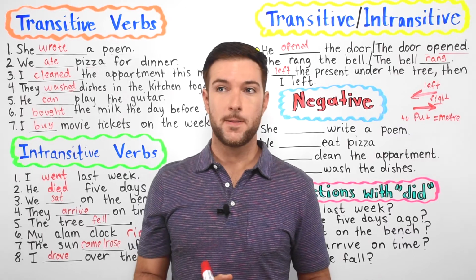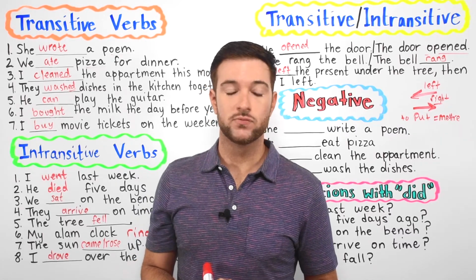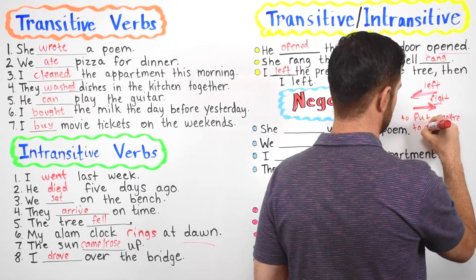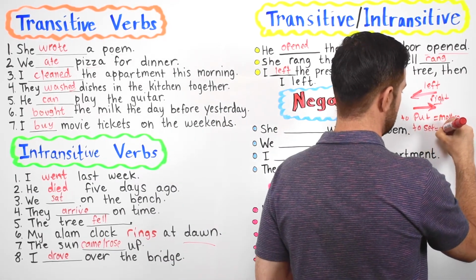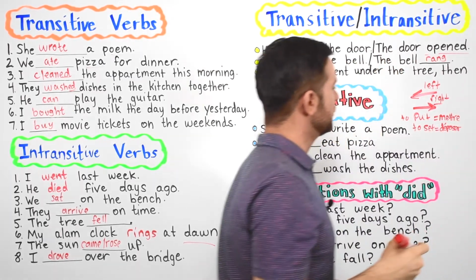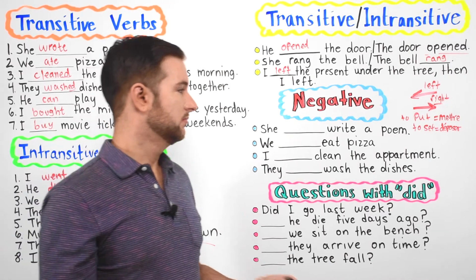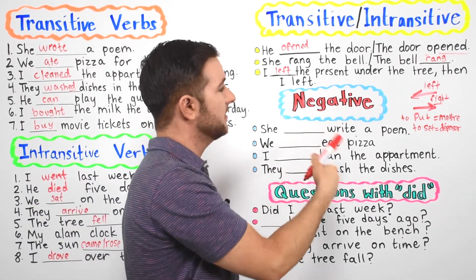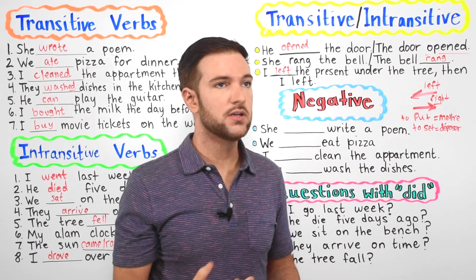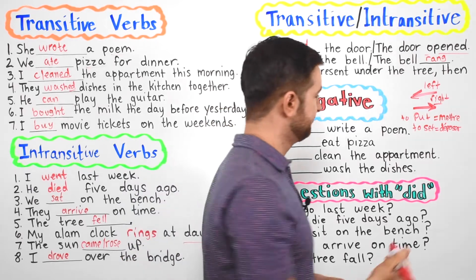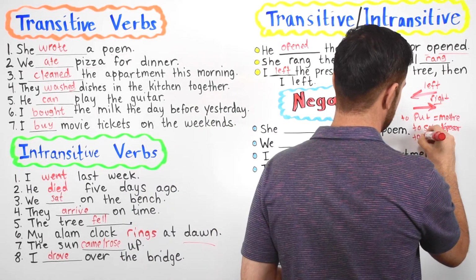You could say to set. To set equals déposer. Okay, so you could say to put, to set, to leave. Okay, so to leave, to put, to set. You could put another one. You could say to place. To place.